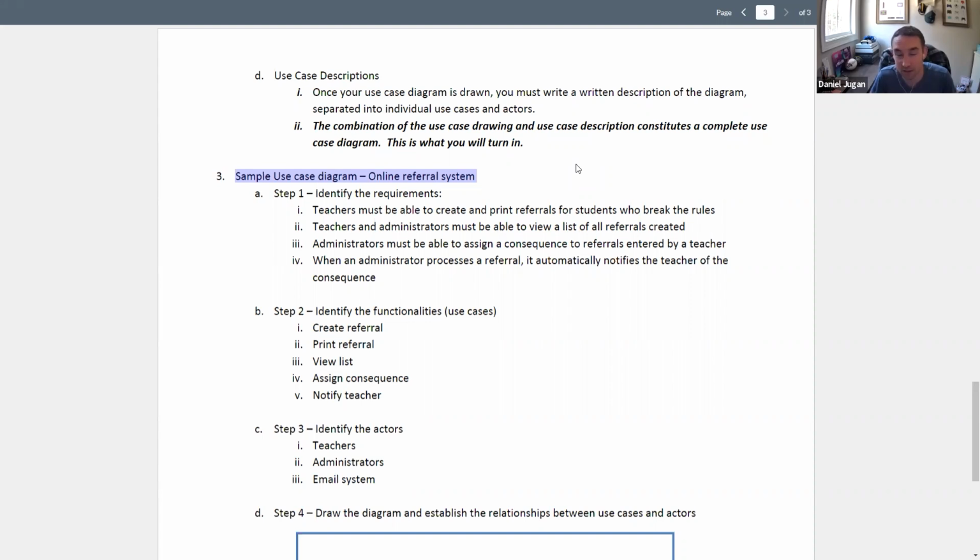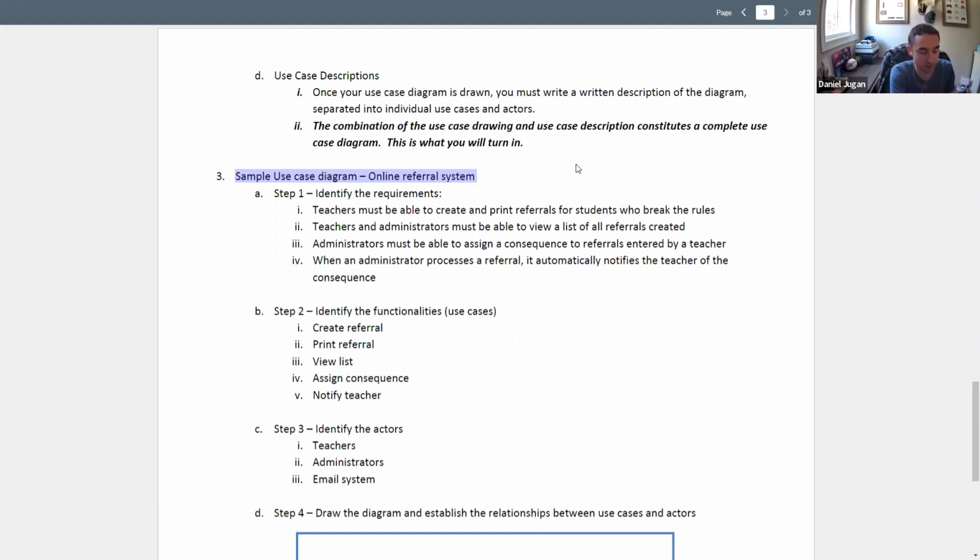So the referral is the paperwork that gets filled out that accompanies the behavior that got them in trouble. Okay. So when a teacher has an issue with a student and they need to write up that student, they will write a referral to notify the administrators that some sort of bad behavior has taken place and it needs to be addressed.